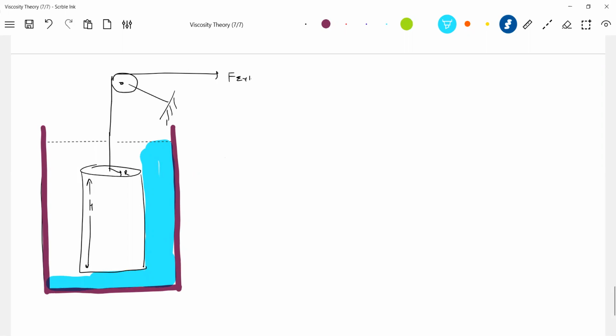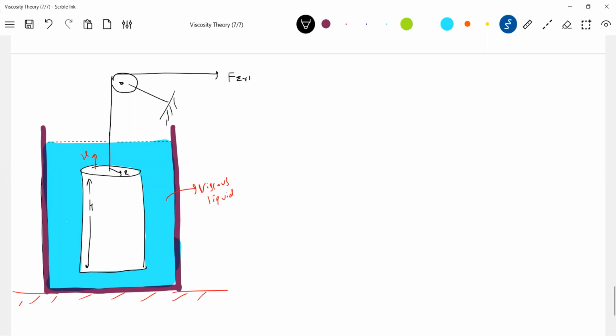Tell me how much power I should exert on the rope, on the cylinder, to drag it up with constant velocity. Able to understand now? Small diagrams.